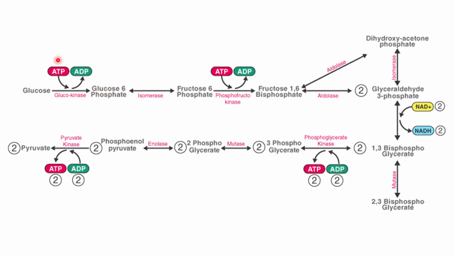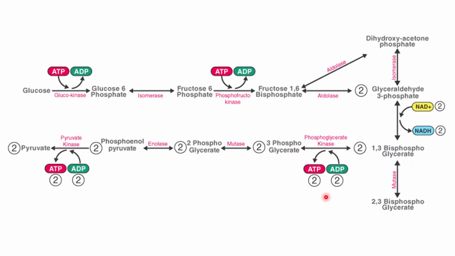So it has transferred one phosphate out of the ATP to glucose, and now the ATP, from triphosphate, is becoming diphosphate, it is ADP, because one phosphate is transferred to glucose to make glucose 6 phosphate. Clear?